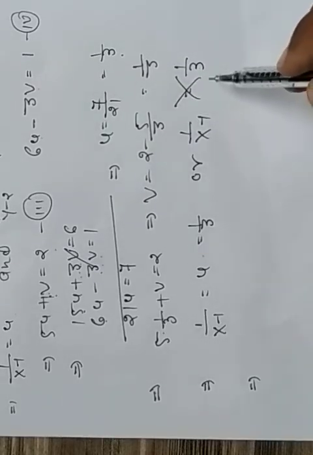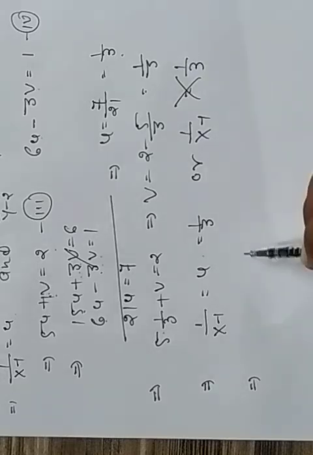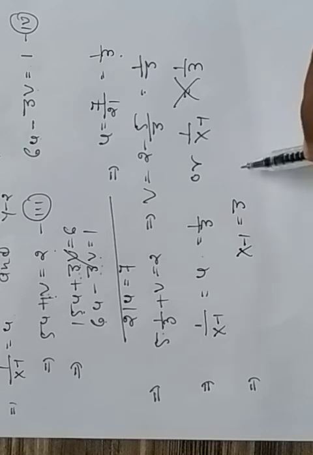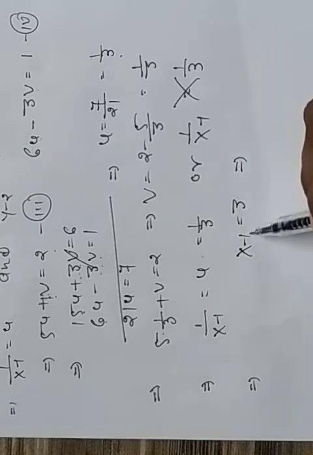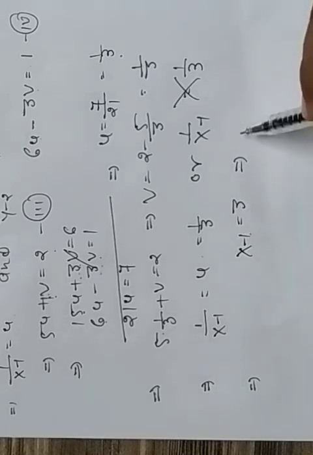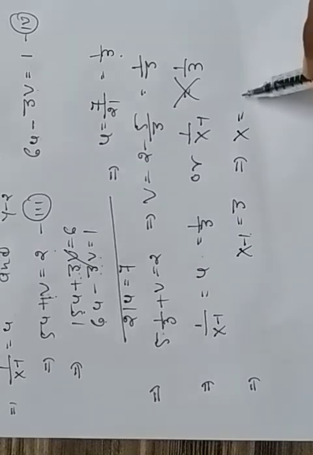Finally, when we do cross multiply, we get x minus 1 is equal to 3, which implies x is equal to 3 plus 1, which is 4.